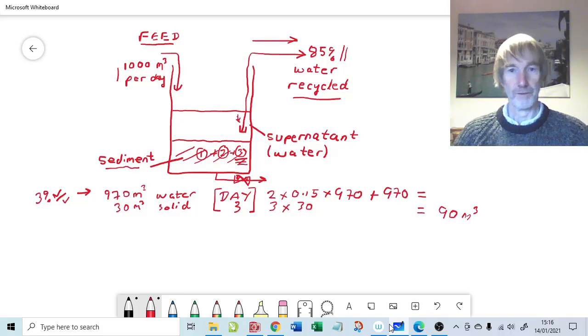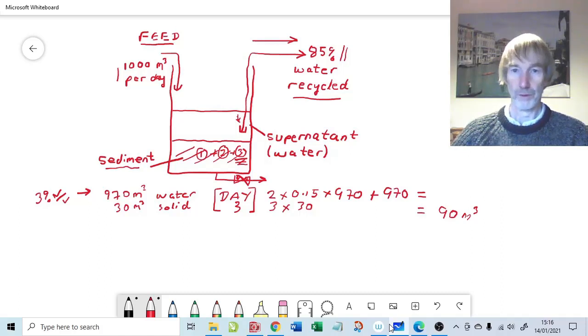And if we turn to the trusty calculator, that's 0.3 times 970 plus 970, which is 1261.